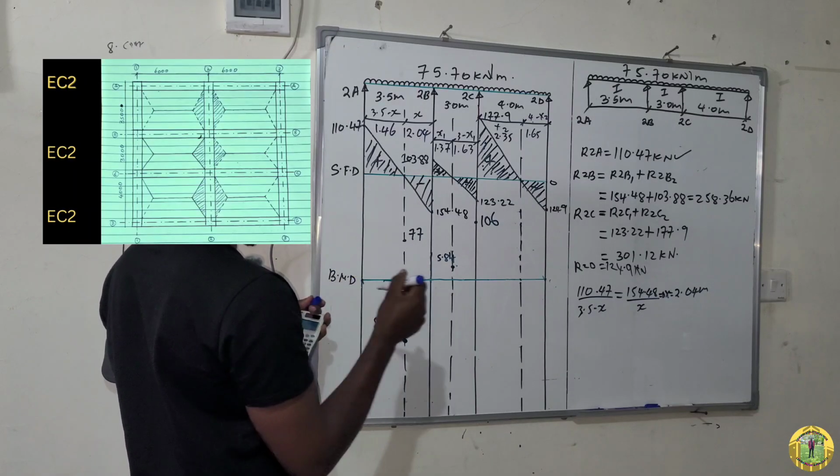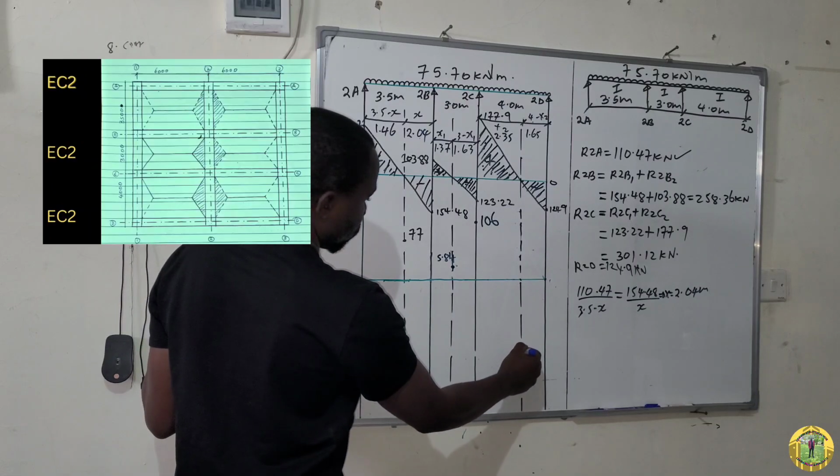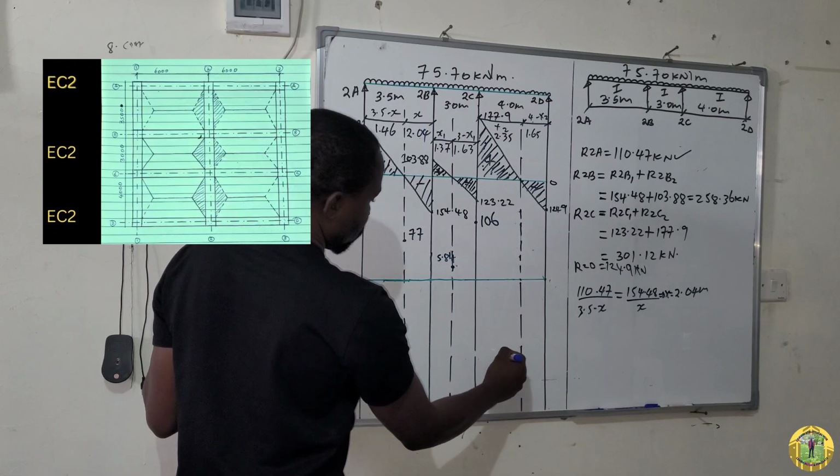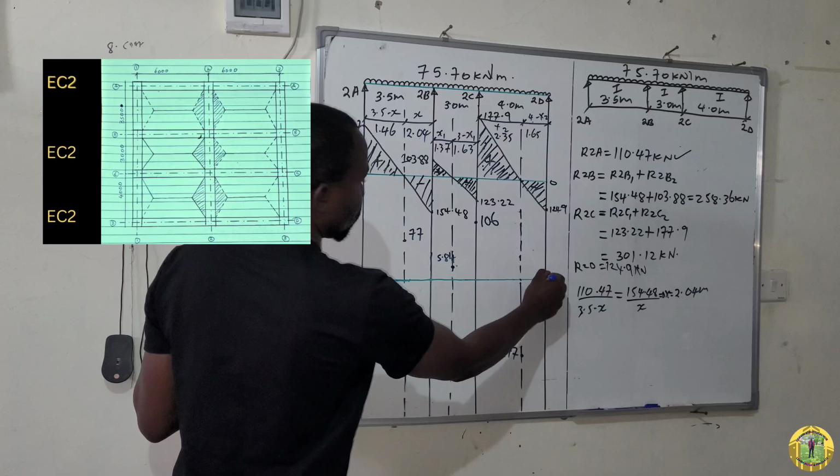So you get positive 102.77. And then here will be 0.